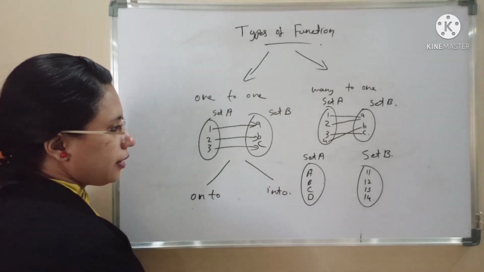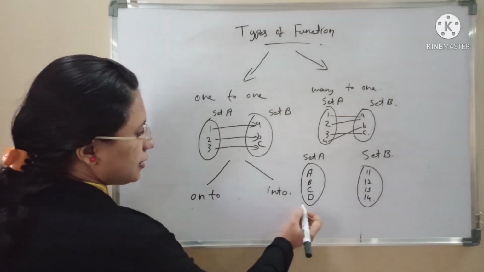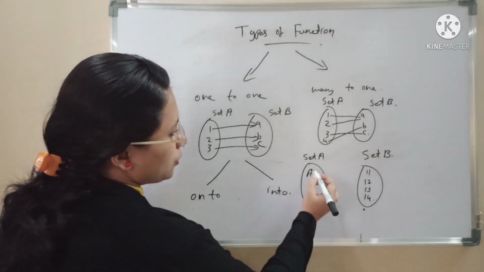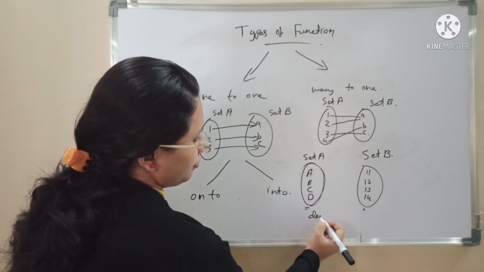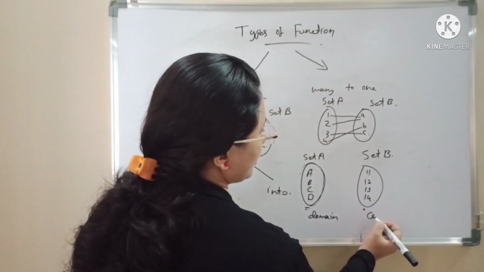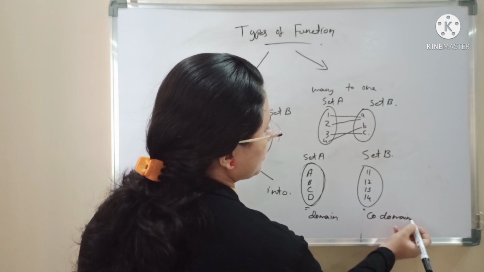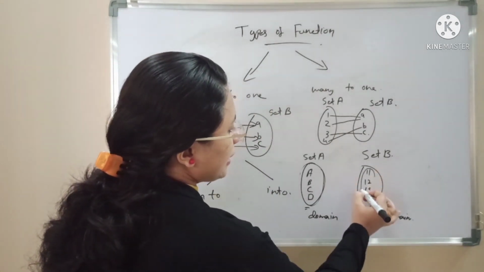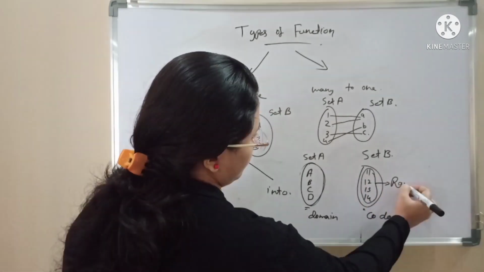Before telling about onto, I'll just say what these figures are. We'll say set A is the domain and set B is the codomain. These are the technical names. And the related elements in set B we'll call the range.